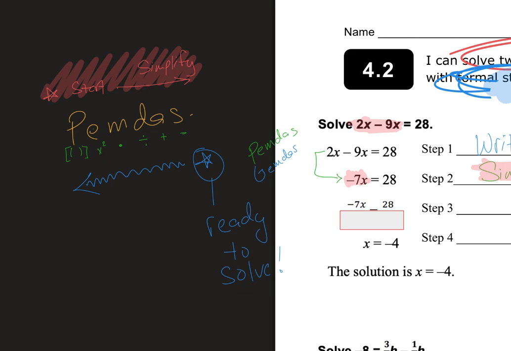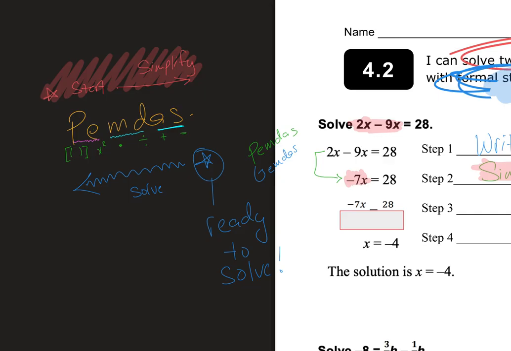Well, okay, we're ready to solve, and you then ask, hey, let me change colors here, can I add or subtract to get x by itself? Can I multiply or divide to get x by itself? And I'm going to go ahead and give you a spoiler alert. We're not going to super duper need these two right now.